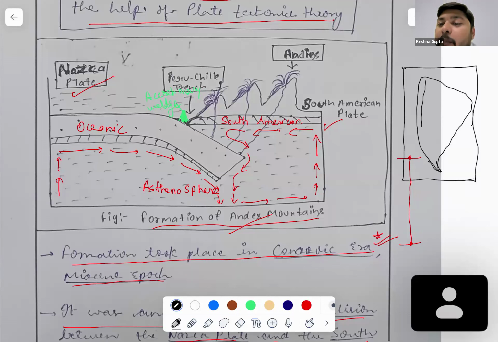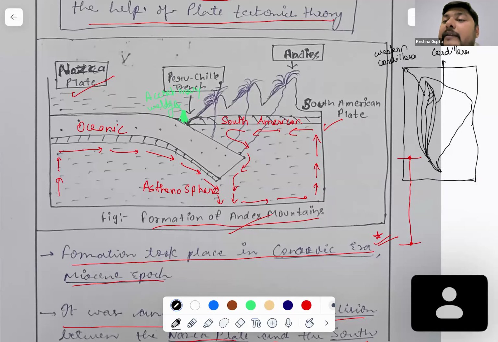Here we have one mountain range, and here we have another mountain range. Okay, so here we call this mountain range the Western Cordillera. And this mountain range is called the Eastern Cordillera.